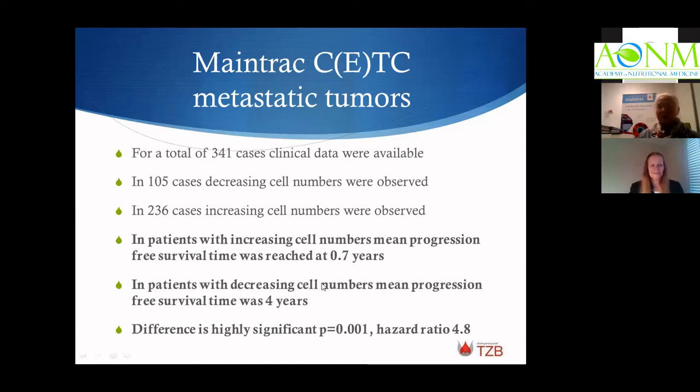But if cell numbers were decreasing, in spite of these patients having already had metastatic tumor, their mean progression-free survival time was still 4 years. And again, this is highly clinically significant with a hazard ratio of 4.8.